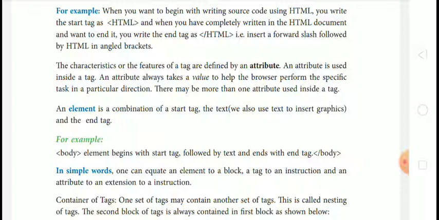An attribute always takes a value to help the browser perform a specific task in a particular direction. There may be more than one attribute used inside a tag, means we can use more than one attribute inside a tag.